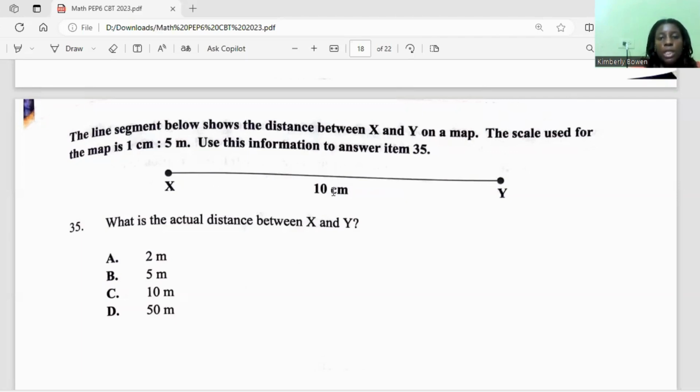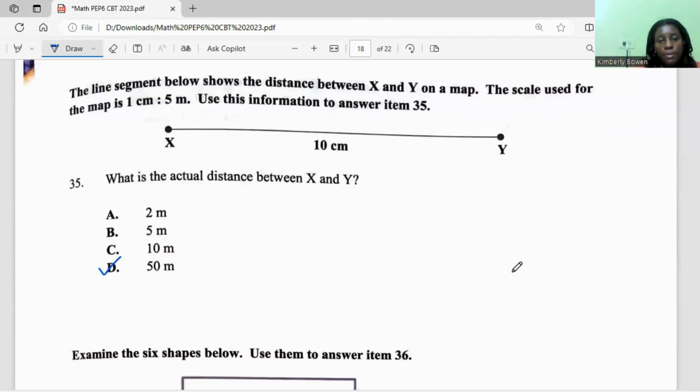So there's 10 centimeters here. 1 centimeter is 5 meters. It's actually 50 meters, because 10 times 5 is 50.